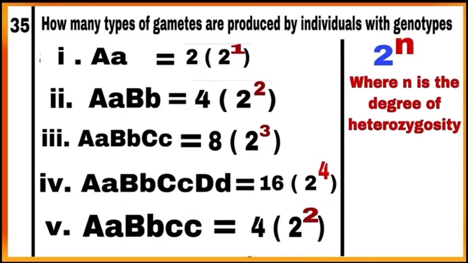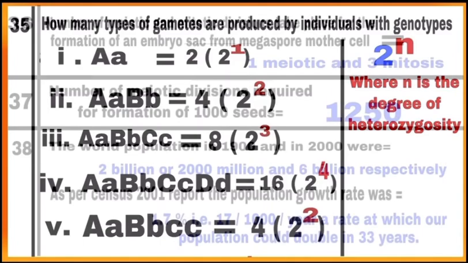Similarly, you can calculate in case of 3, 8 types of gametes will be formed because value of n is 3. In case of 4, 16 types of gametes will be formed as value of n is 4. And in case of 5, again 4 types of gametes will be formed because here also heterozygosity is at 2 places and value of n is 2.